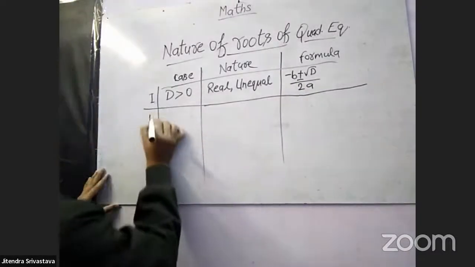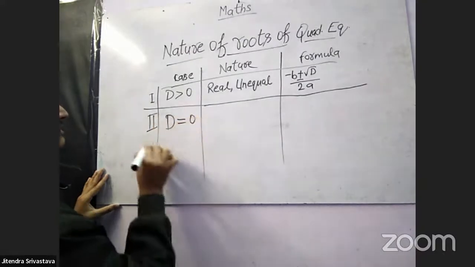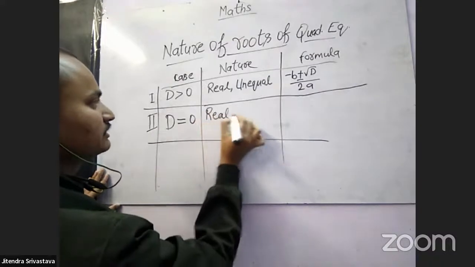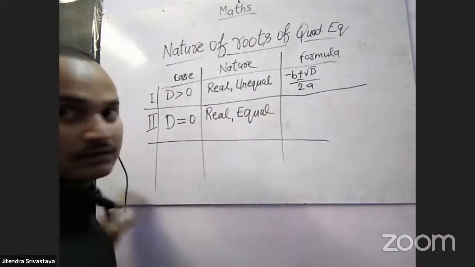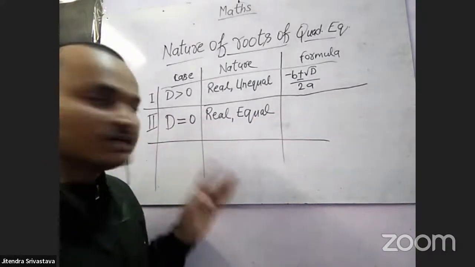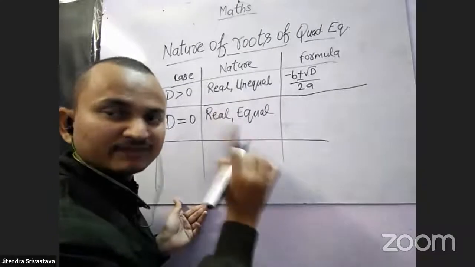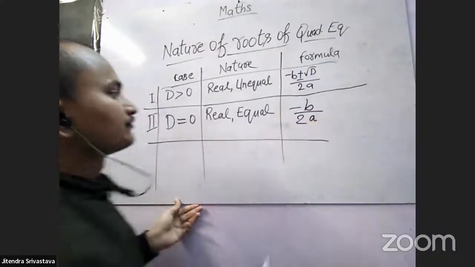And case 2, if d equals 0, then roots will be real and equal. Roots will be real and equal. And the formula will be, for both the roots, only one formula: minus b upon 2a.